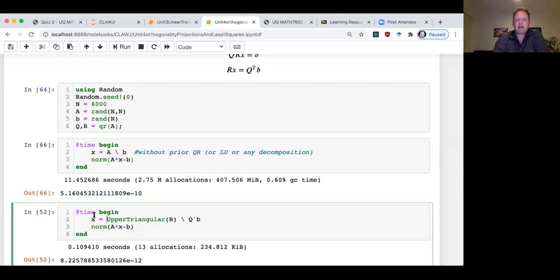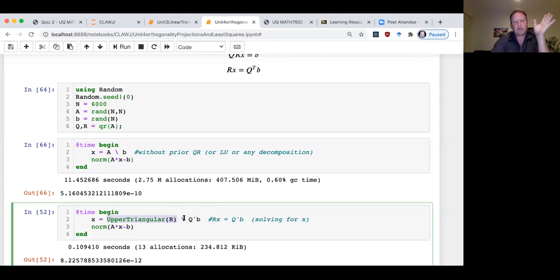But here, let's do Rx equals Q transpose B, solving for X. But I'm actually telling Julia that the matrix R is upper triangular.